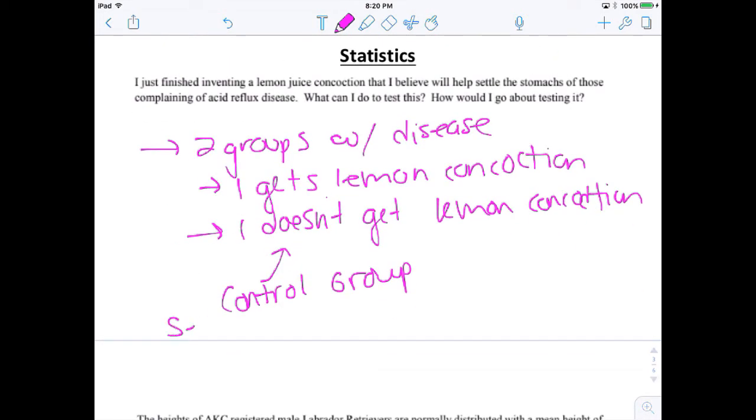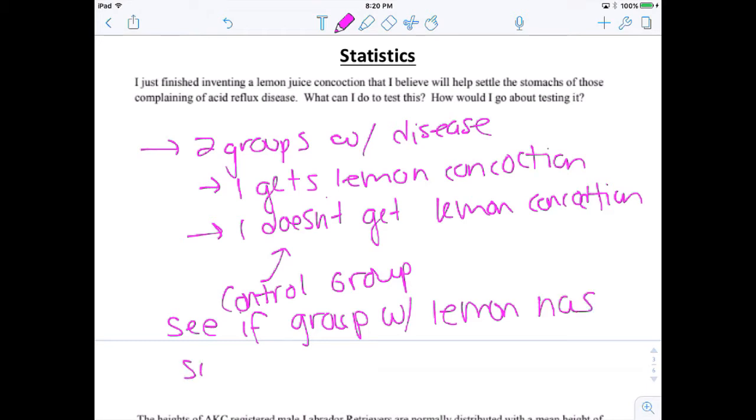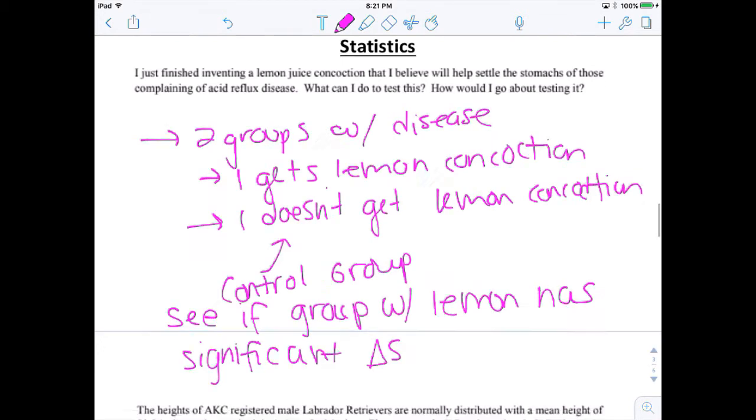And you want to see if the group with the lemon concoction has significant changes. And remember, when I say significant, I mean statistically significant, right? So you would write that out in a nice sentence. We're kind of zooming through this, but that is our goal there.